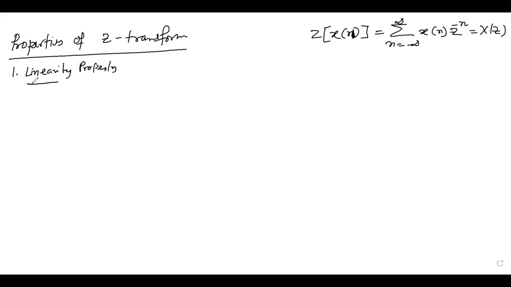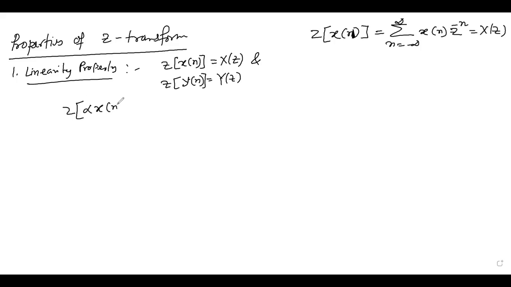It states that if the Z transform of x[n] is X(z) and the Z transform of y[n] is Y(z), then the Z transform of alpha x[n] plus beta y[n] is equal to what?